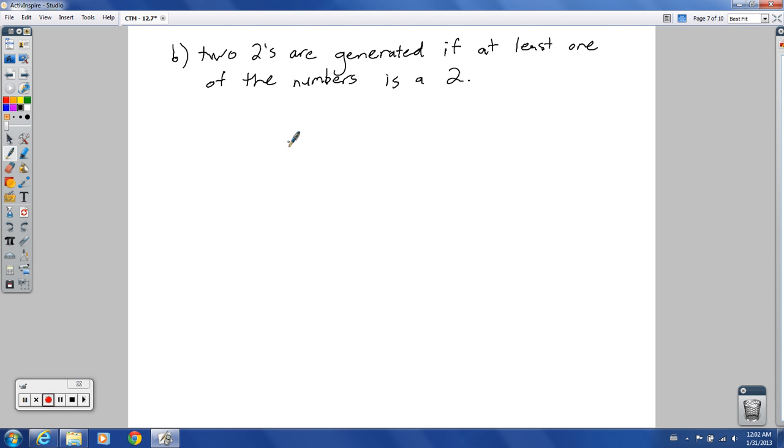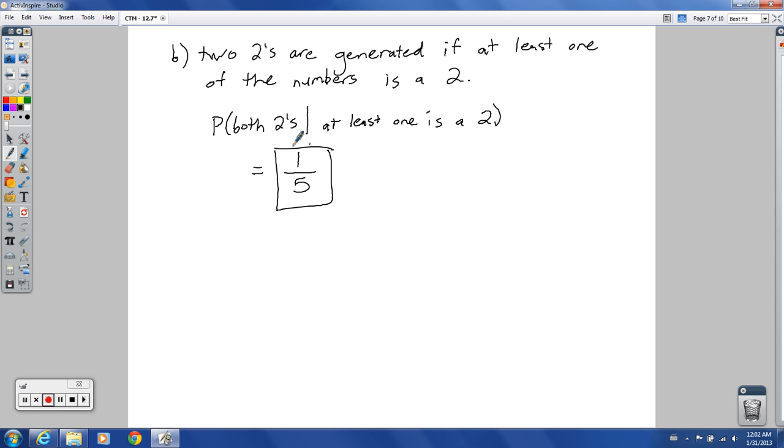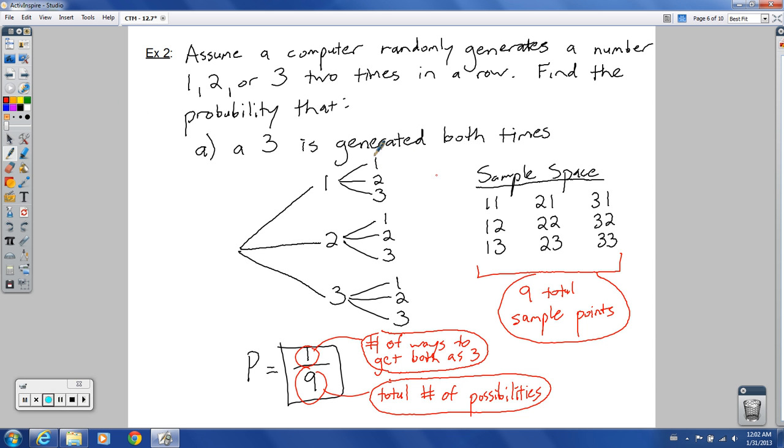Let me erase that. I will refer back to that a little later again. But let's write that down. So the probability of both 2s, both being 2 in other words, given that at least 1 is a 2, was equal to 1 out of 5. We stated that already. Let's write it down though where these numbers came from again. And so the number 1 up here was the number that are both 2s in the sample space. So that was the only one right there that were both 2s.